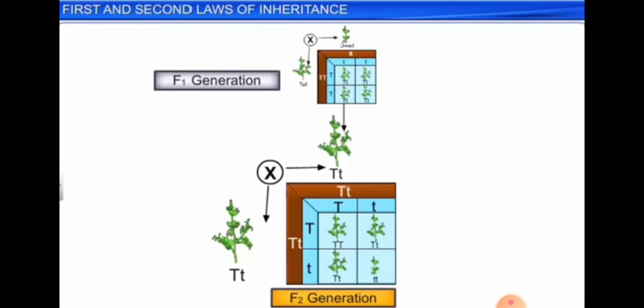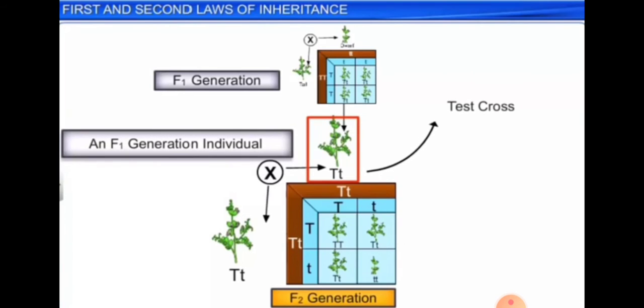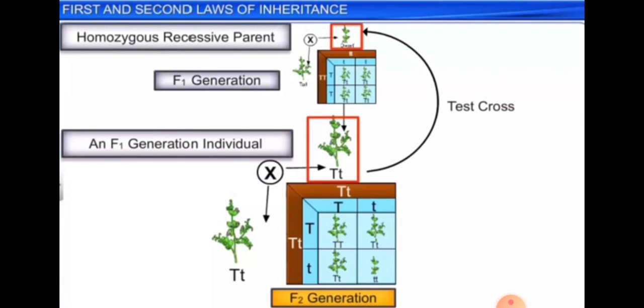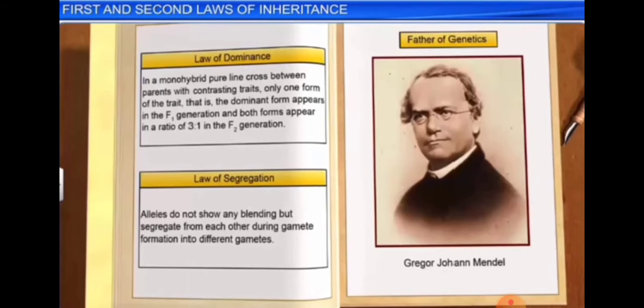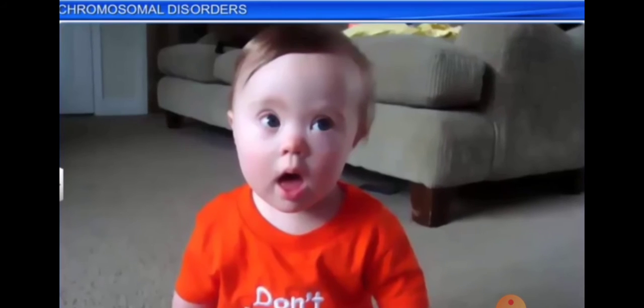Therefore, a test cross, or a cross between individuals of the F1 generation with a homozygous recessive parent, is carried out to determine whether the genotype of the individual is homozygous dominant or heterozygous dominant. And thus, through these monohybrid cross experiments, Mendel proposed the laws of dominance and segregation.